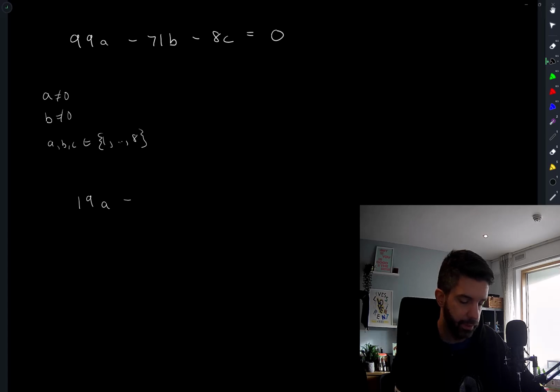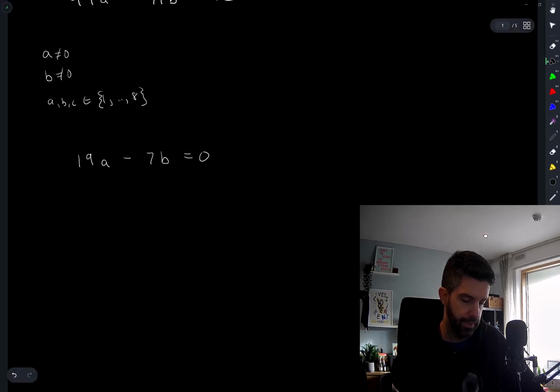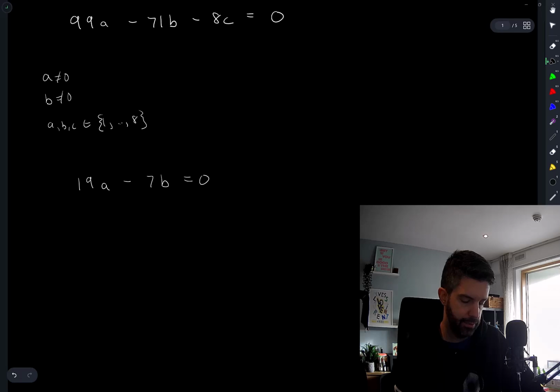I'll do that in the next line. 72 is a multiple of 8, so this becomes 7B is equal to 0 mod 8.